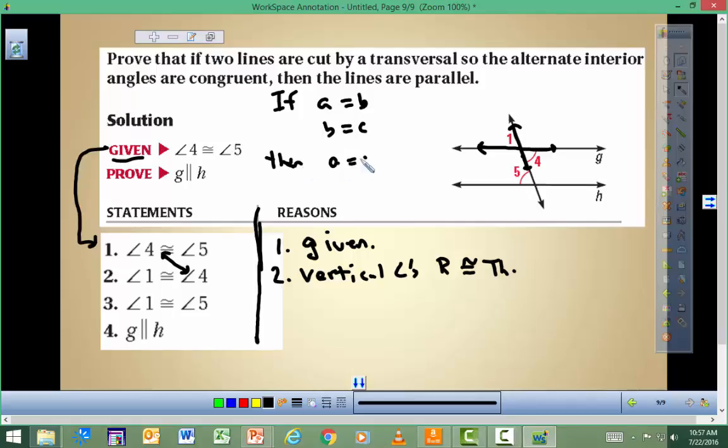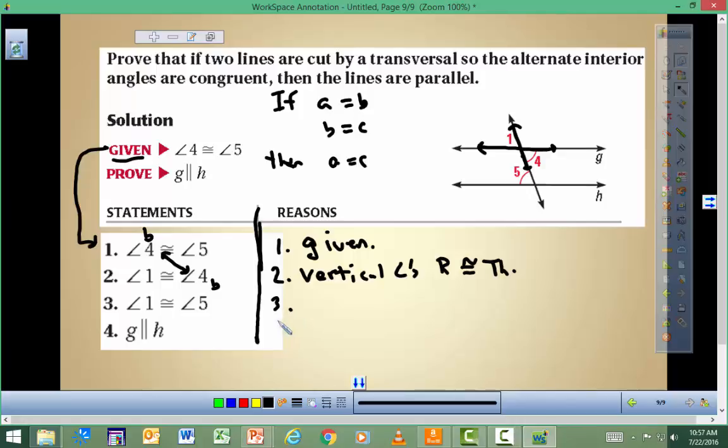A is equal to C. That is the setup we have. So this part here would be your B, and that means that's your A and your C right here. So what we could say is that angles 1 and 5 are congruent.